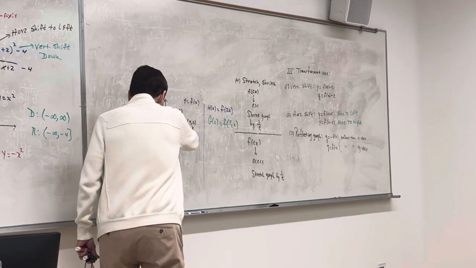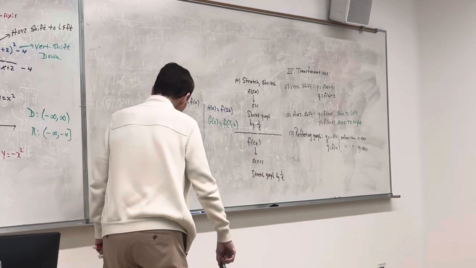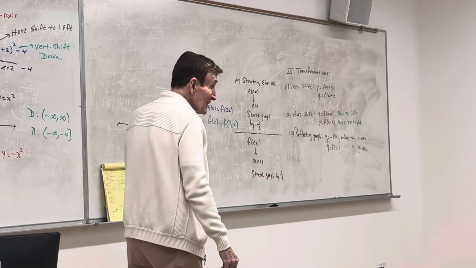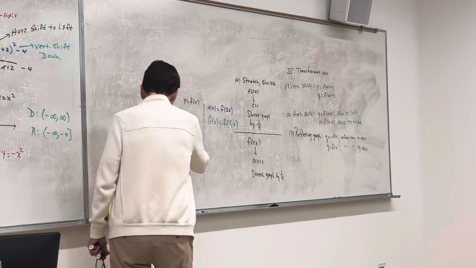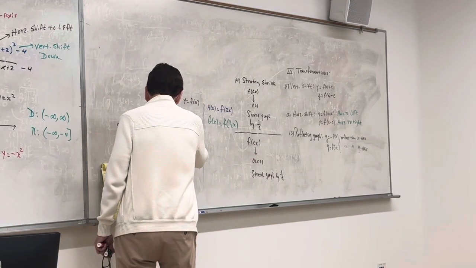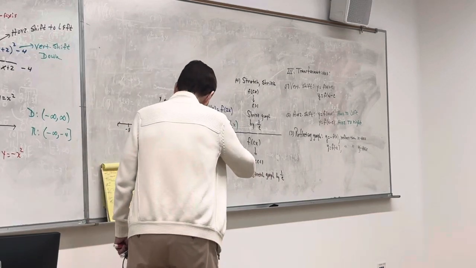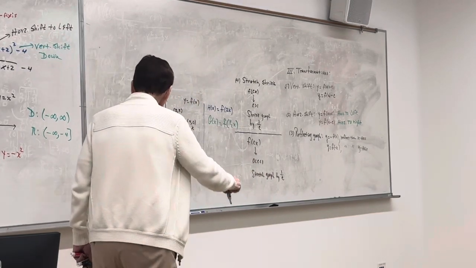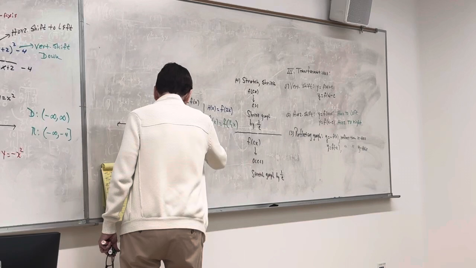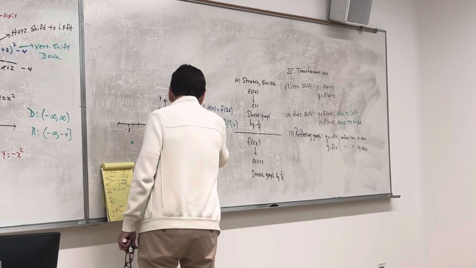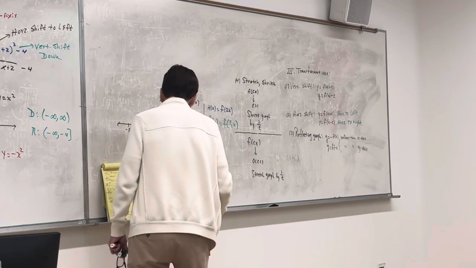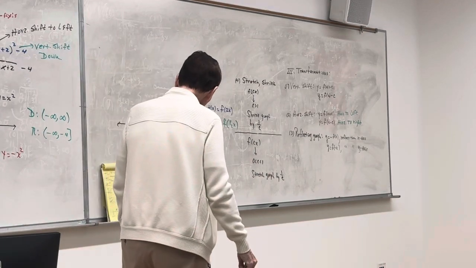Next point on my parent graph was up here, 0, 2. Is that point going to stay there? If I multiply the x coordinate by 2, 2 times 0 is 0? It's going to stay right where it is. My next point on the original graph was 2, 2. Multiply the x coordinate by 2, it's now where? 4, 2. It's out here. And my last point was 4, 0.